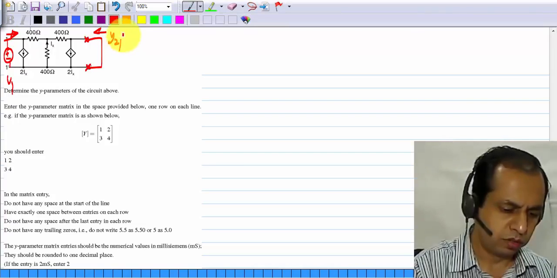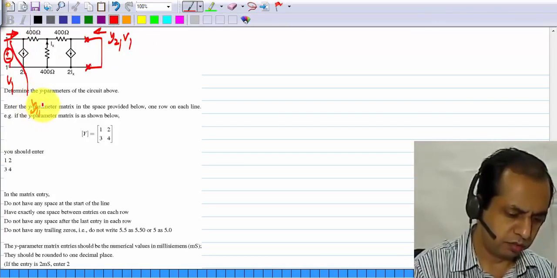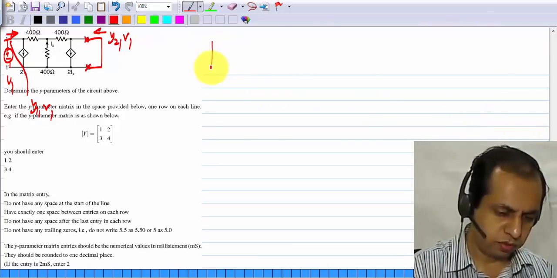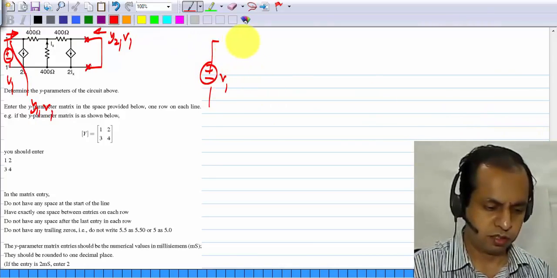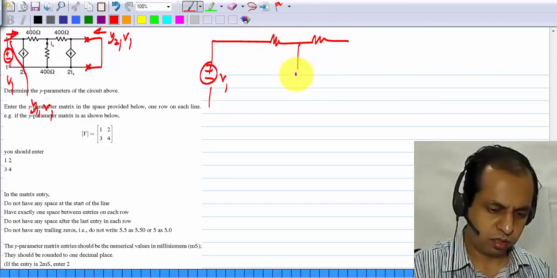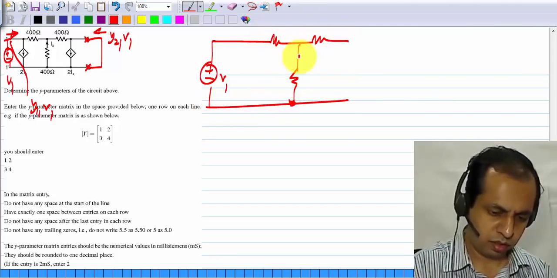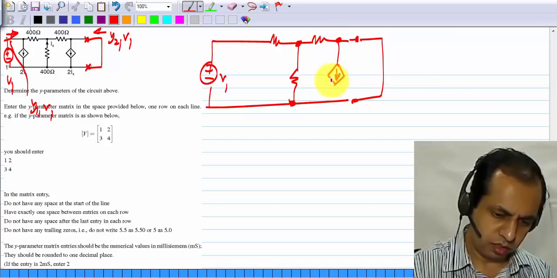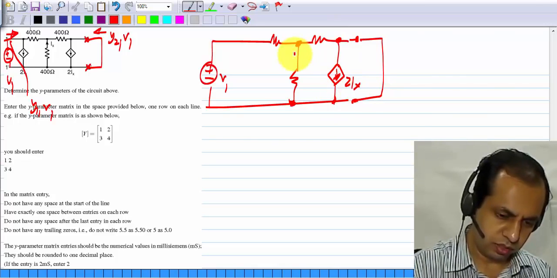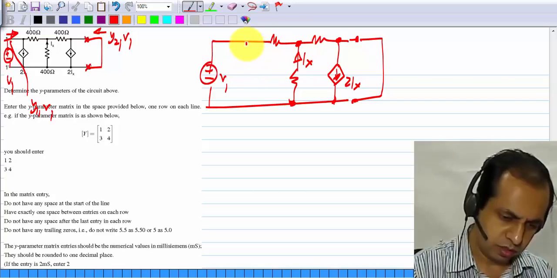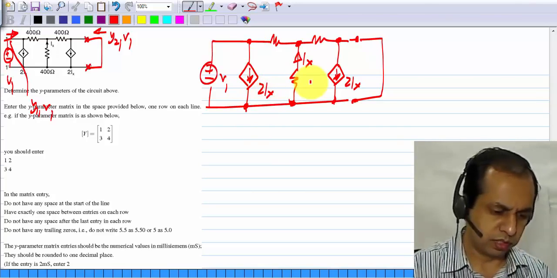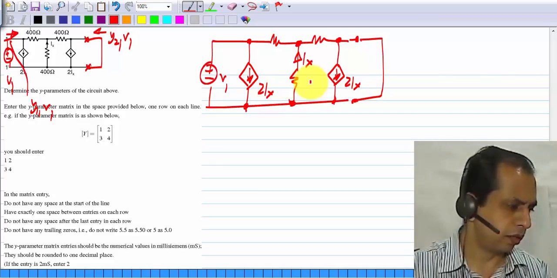This will be Y21 V1 and this will be Y11 V1. So if you solve for this network, V1 applied, this is short circuited, and you're told that this is Ix and this is 2Ix in this direction.